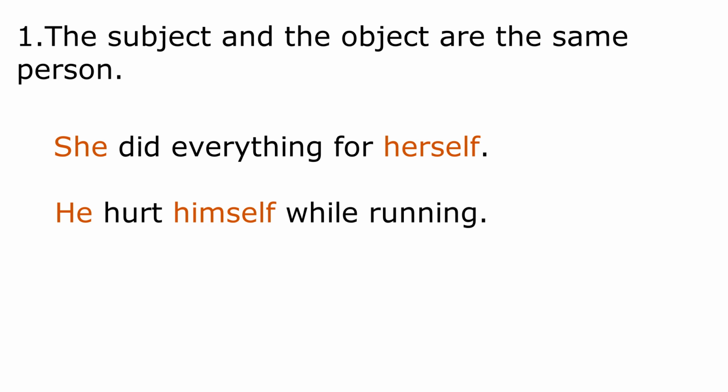For example, she did everything for herself. He hurt himself while running. In this sentence, the subject he and the object himself are the same person. So we say he hurt himself.